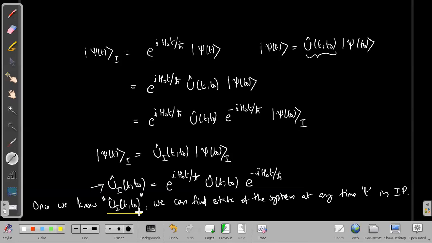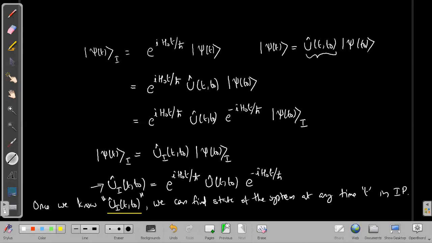I am going to formulate the time dependent perturbation theory, so all these are valid without any approximation. I have just re-expressed the interaction picture in another form.